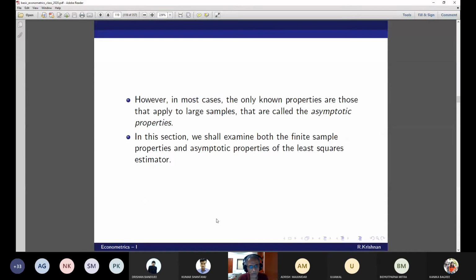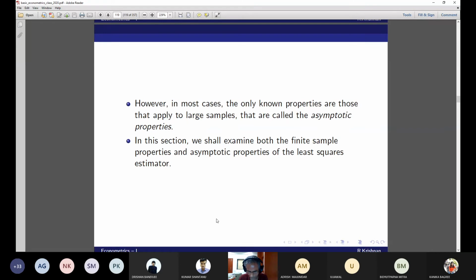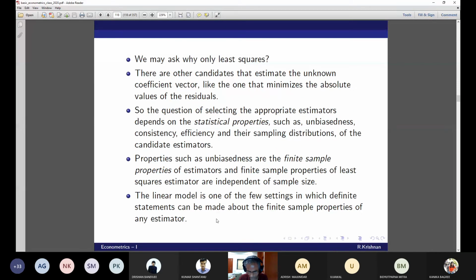However, in most cases, the only known properties are those that apply to large samples, that is, the asymptotic properties. In this section, we shall examine both the finite sample properties and asymptotic properties of the least squares estimator. What do I mean by this? In only a few settings will the linear model be useful; in many settings, the linear model may not be of use.